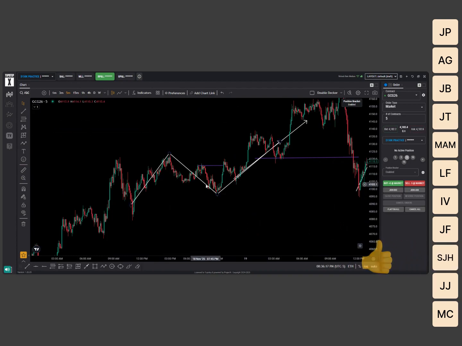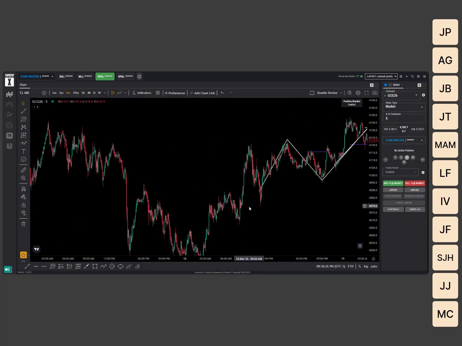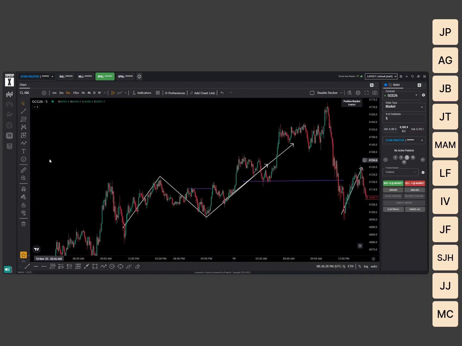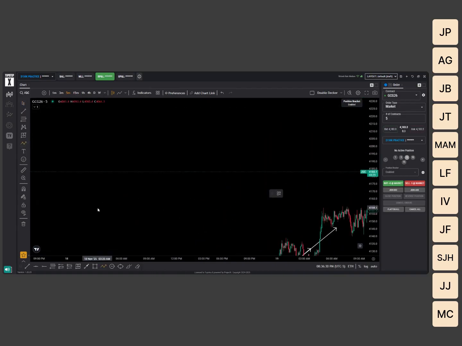When you see a break of structure to the downside, don't take it as, oh, it's for sales, especially if you're on a lower time frame. Structure is going to break first on a lower time frame for anything. When the chart is going like this and you're pulling back, it's just going to look like this. Oh, shoot. Let me draw this better.